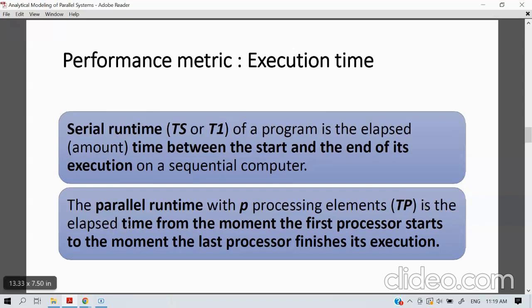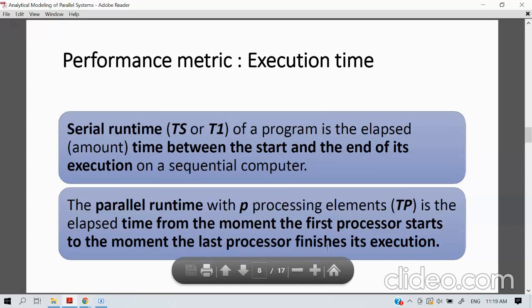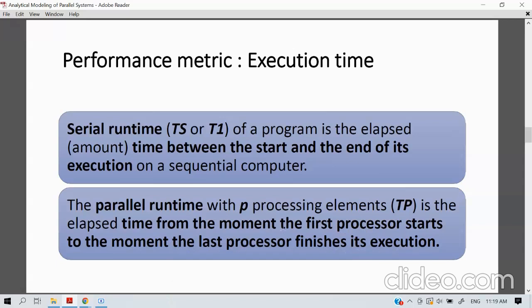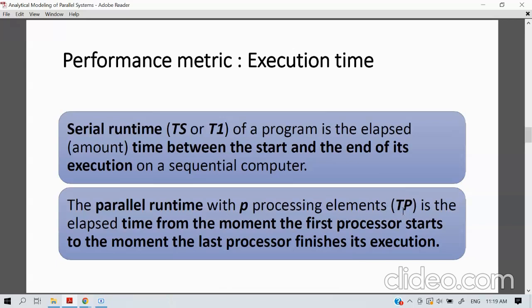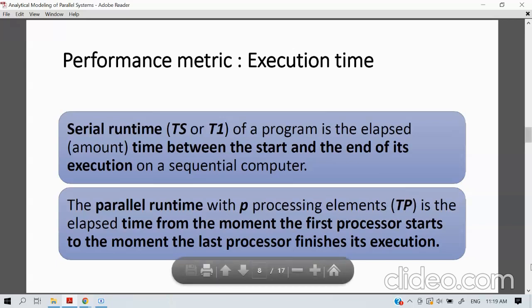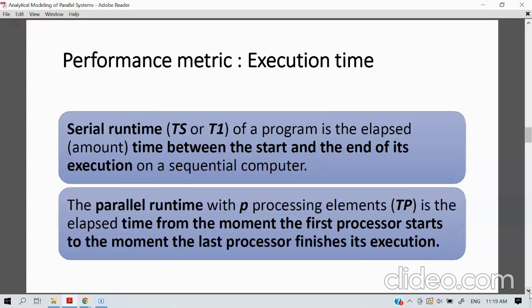It is the amount of time from the moment the first processor starts its execution to the moment the last processor finishes its execution. So we need to consider the number of processors. It is represented as TP. That one is called execution time.